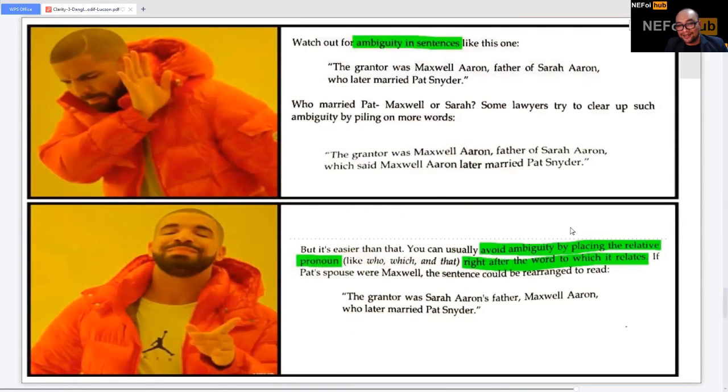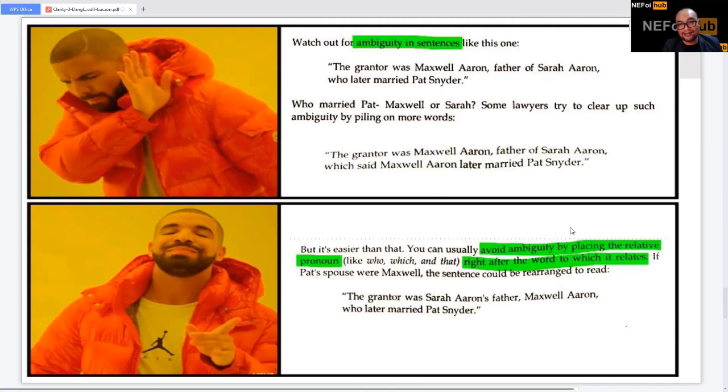Okay. So another thing to watch out for when it comes to ambiguity. We're done with the modifiers. This time is ambiguity, which is more complex and confusing.